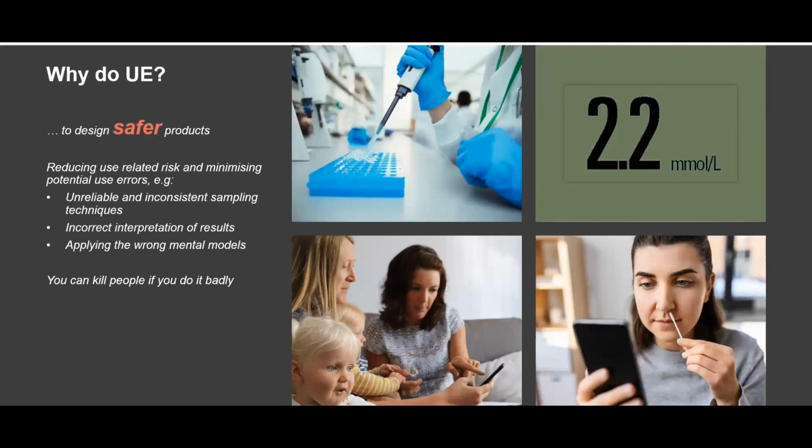So for example, on the right here in the top right corner, the screen, that's an example of a real product, a blood glucose monitor, and the healthcare professionals misinterpreted the poorly designed screen to read 22 rather than 2.2 millimoles per litre.